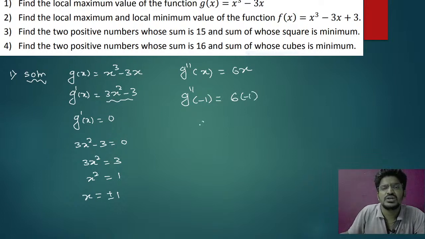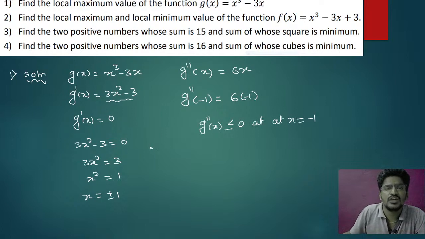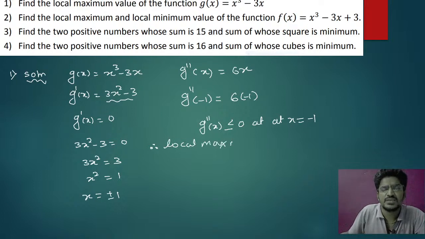That means g double dash of x is lesser than or equal to 0 at x equal to minus 1. Therefore, local maximum exists at x equal to minus 1.